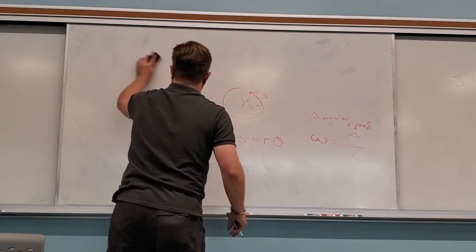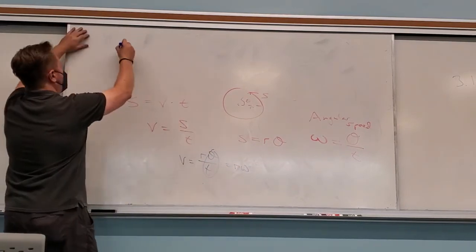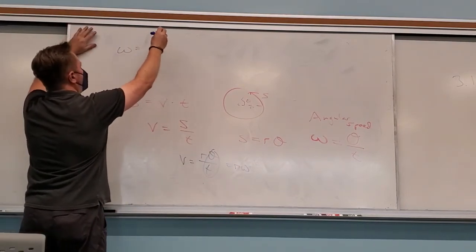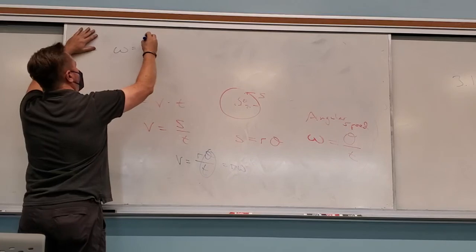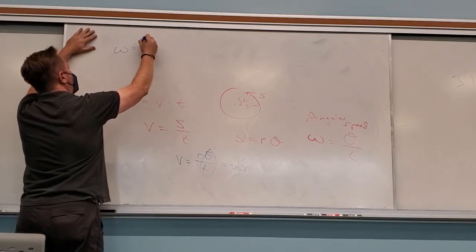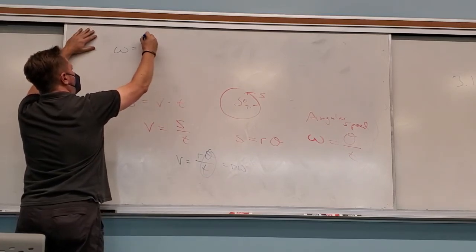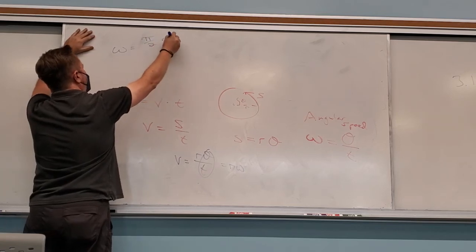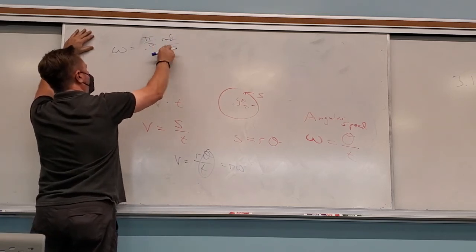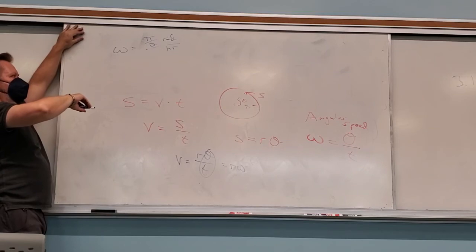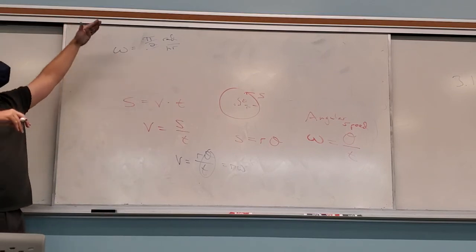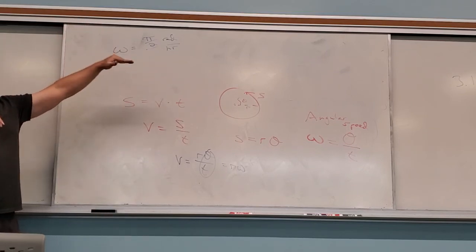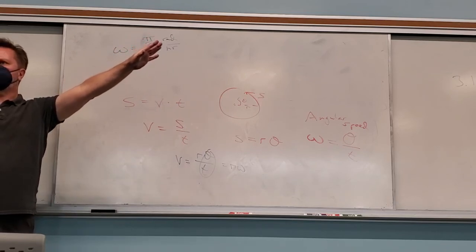Okay, so if I have something, let's see. Let's say that omega is, what do you got, John? Let's just say pi over 2 radians per hour. That's omega. So it's an angle per time. Is that cool? So pi over 2 radians per hour.